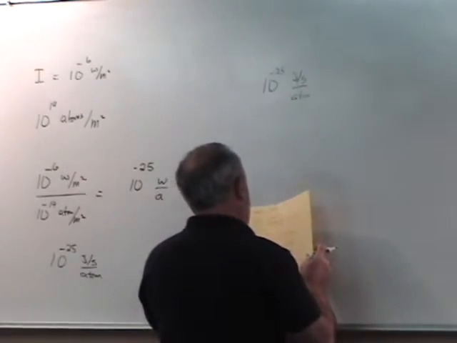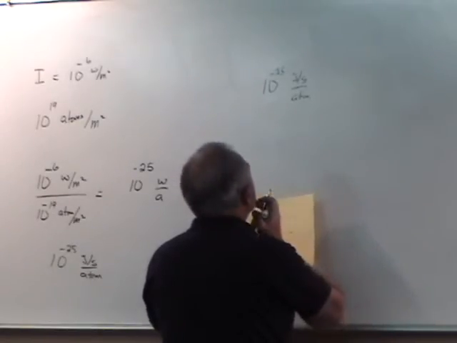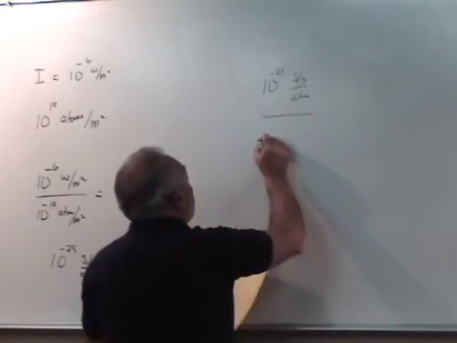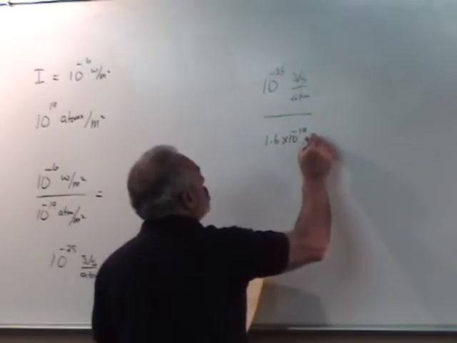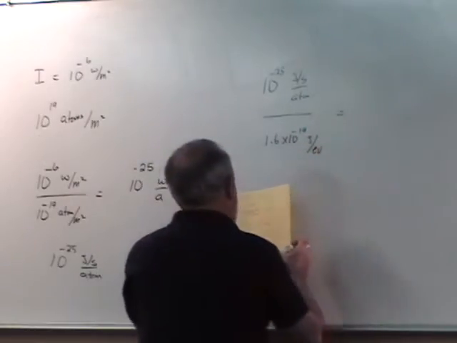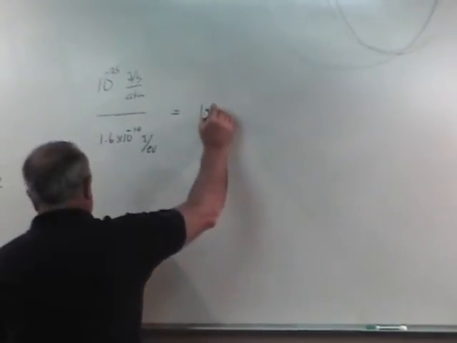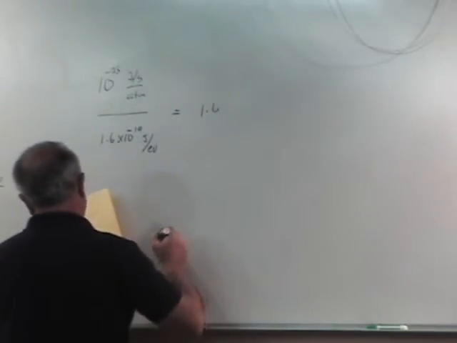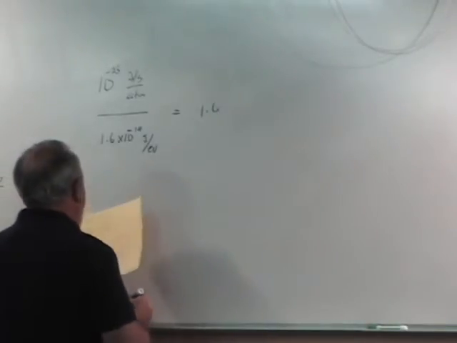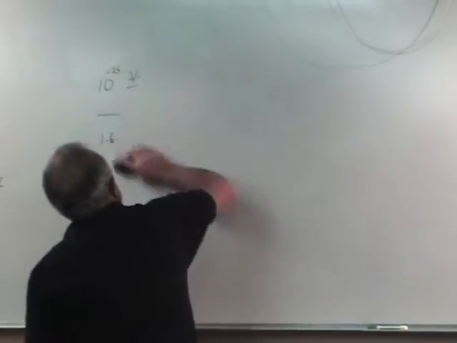10 to the minus 25 joules per second per atom, divide by 1.6 times 10 to the minus 19 joules per electron volt. Oh, I see what I'm doing. Excuse me. I'm reading my notes in two different directions here.